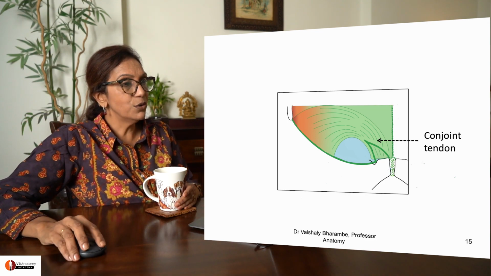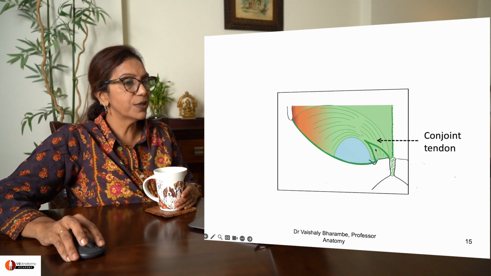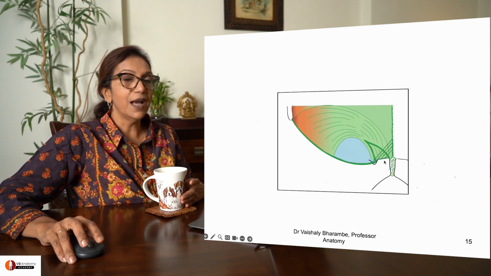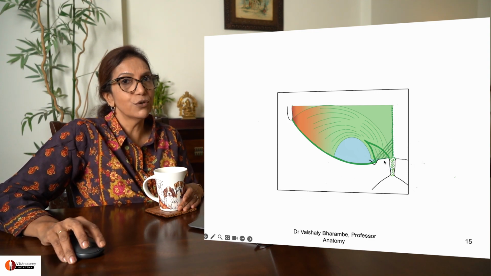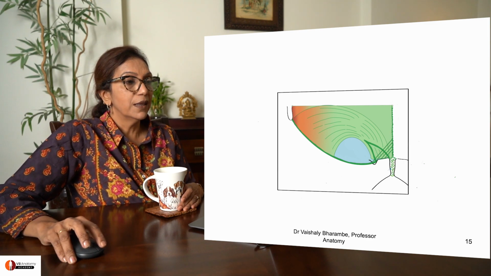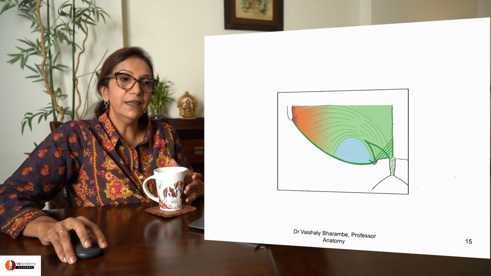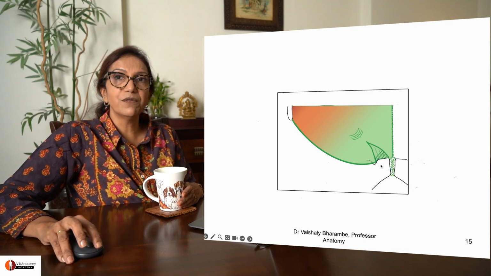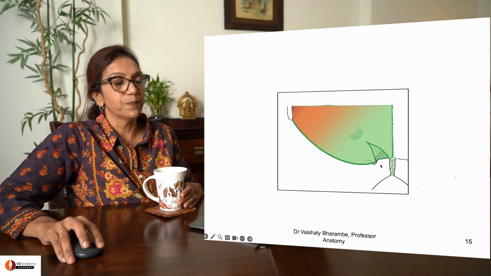Conjoint tendon. Can you see how the conjoint tendon is situated posterior to the superficial inguinal ring? In front of the conjoint tendon are the reflected fibers of inguinal ligament. Now what is the next layer? External oblique. The gap in it is called the superficial inguinal ring.